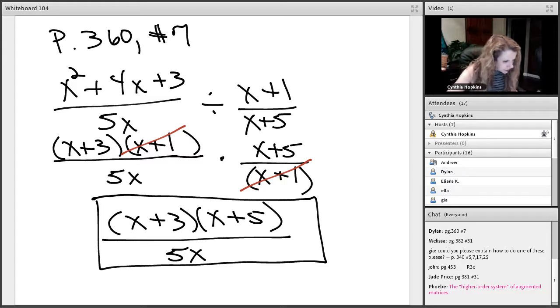Augmented matrices. Here we go. Okay, section 4.6. It has nice answers. Okay.